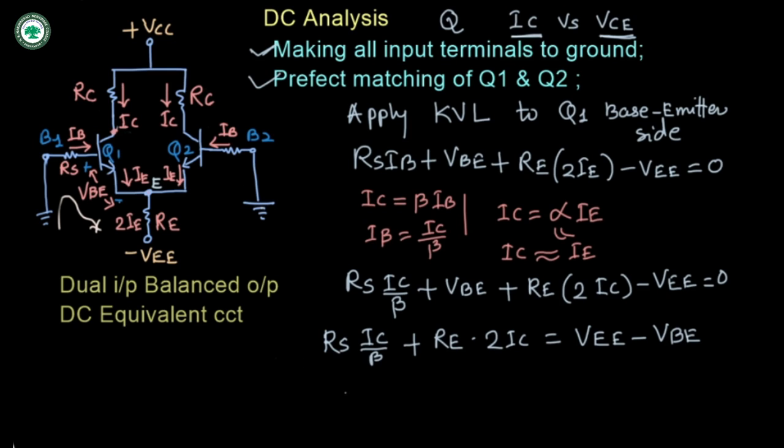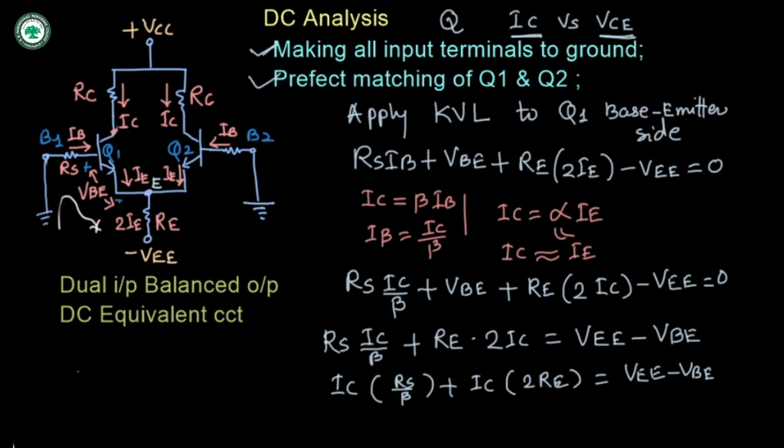So I will be considering this IC term as IC into RS upon beta, and here you will also have this IC, that means into the bracket twice RE, is equal to again VEE minus VBE.